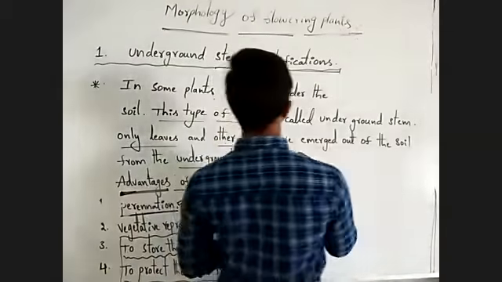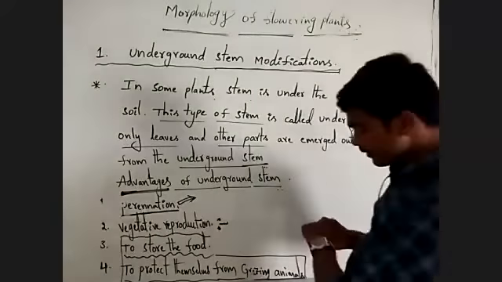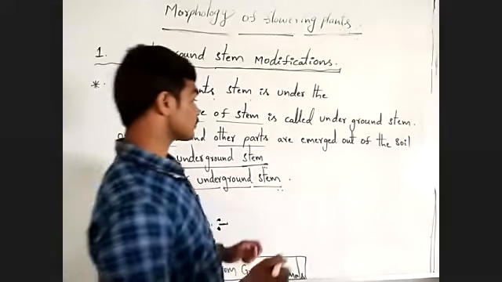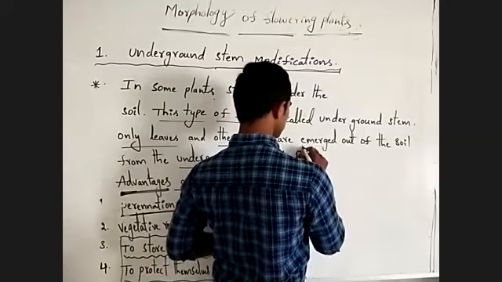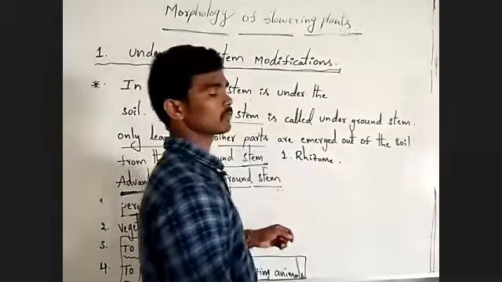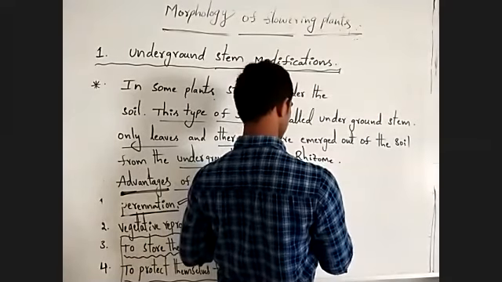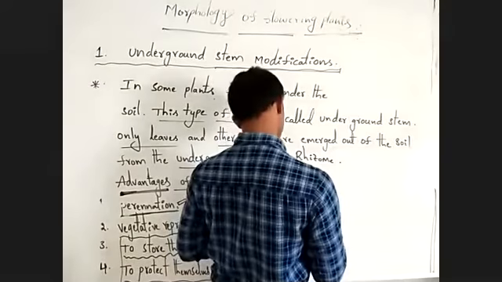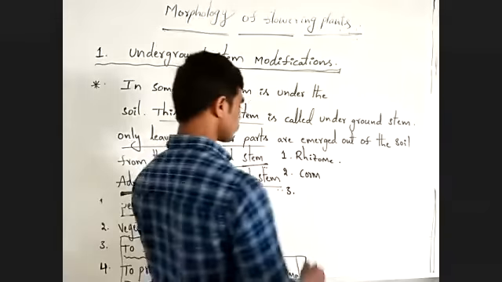There are different types of stem modifications. First one, rhizome. Second one, corm. Next, stem tuber.